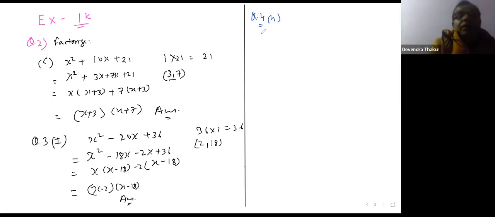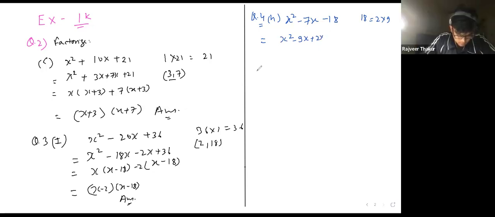X squared negative 7x and negative 18. So 18 has factor 2 times 9, right? So we can rewrite this expression as x squared negative 9x and positive 2x and negative 18.